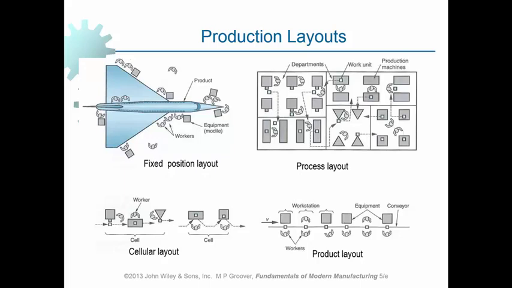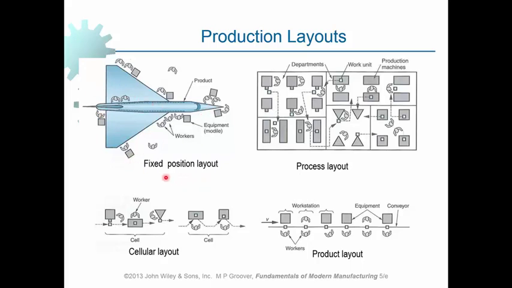On the top left, we have an aircraft that is produced. As you can see, this is a large product, and for producing a large product like an aircraft, we have to make use of fixed position layout.